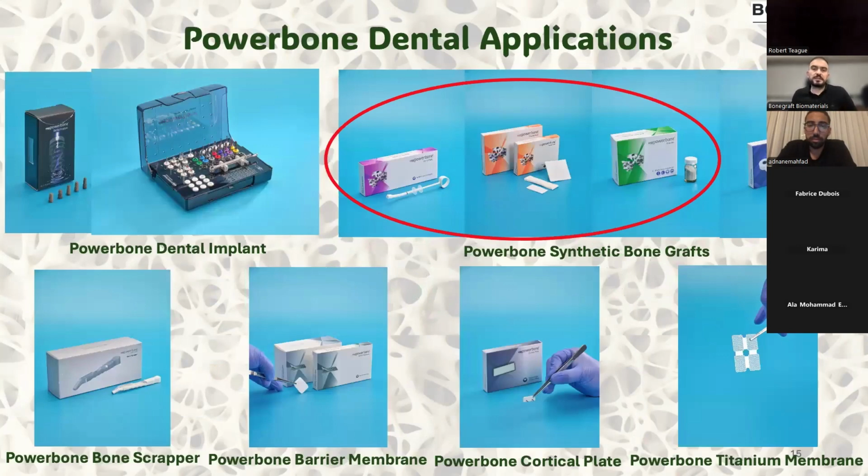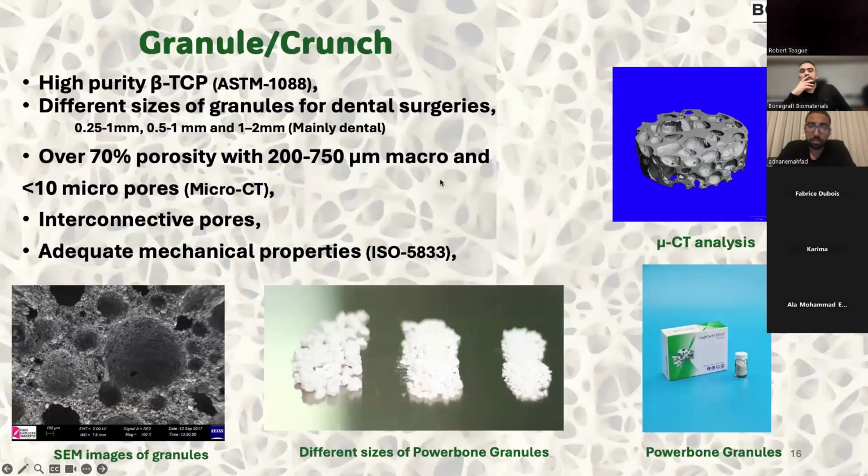The products that we'll be discussing are dental putty, flexible graft, and the granules, as I circled in the slide here. The granules are mainly based on silicate additive beta-tricalcium phosphate.